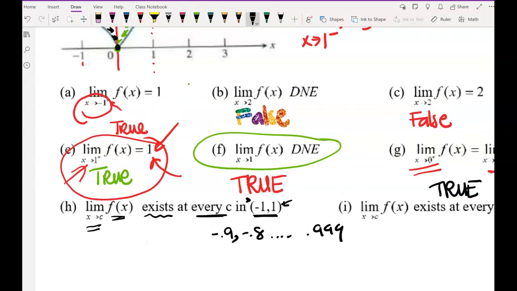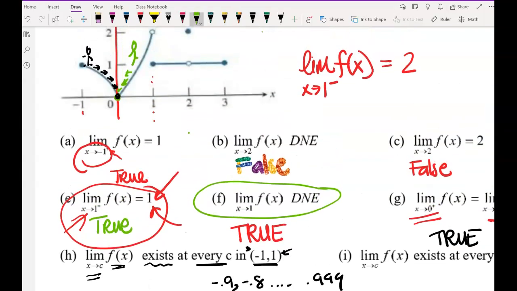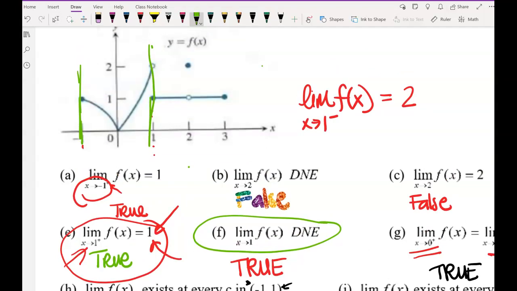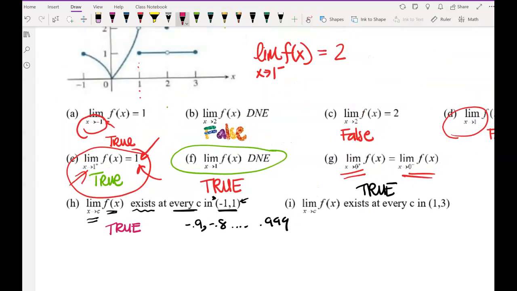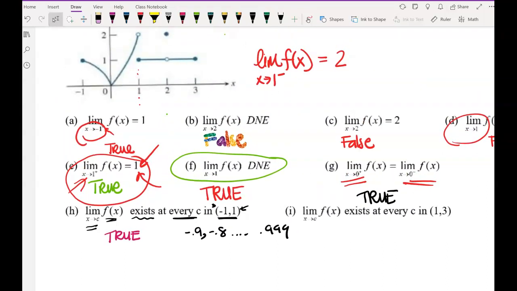So let's go look where c is from -1 to 1. So here's -1. Remember, not including the endpoint. Here's 1. Don't look at the endpoints. Is it continuous the entire way? By definition, if it's continuous between -1 and 1, then that means the limit will exist. So true. But I want to repeat this: that's not to say that if it's not continuous, it doesn't exist. But if it's continuous, it's guaranteed to exist.